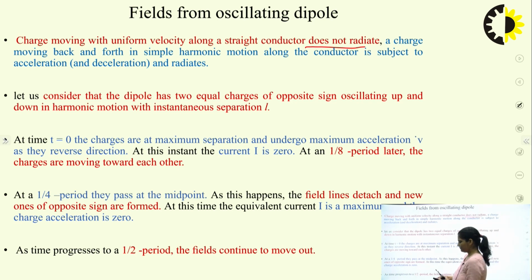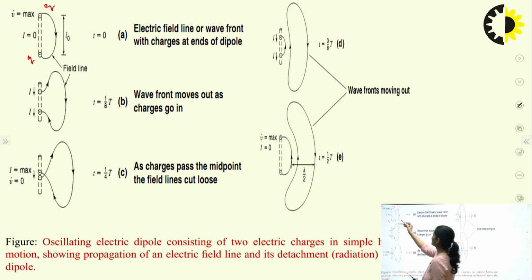Let us consider the first case, when the electric field lines form from the charges at the ends of the dipole. Here you have maximum radiation, current is equal to 0, meaning maximum acceleration or deceleration. So I is equal to 0, acceleration or deceleration is maximum, and you have maximum radiation when time t is equal to 0.